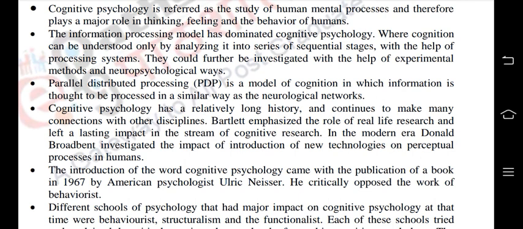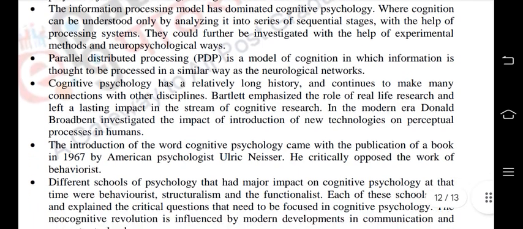Cognitive psychology has a relatively long history and continues to make many connections with other disciplines. Then Bartlett emphasized the role of real life research and left a lasting impact on the stream of cognitive research. In the modern era, Donald Broadbent investigated the impact of the introduction of new technologies on perceptual processes of humans.